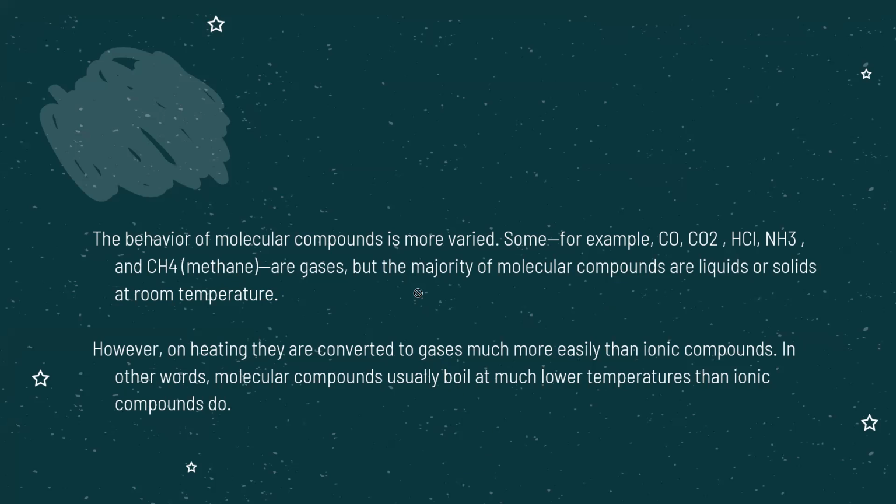Because the molecular compounds, as we showed in the picture, are kind of further apart. Each molecule is itself, and it's interacting with other molecules, but not as tightly as an ionic compound, where it's one solid piece.